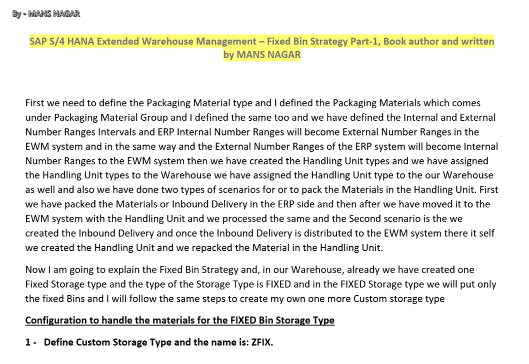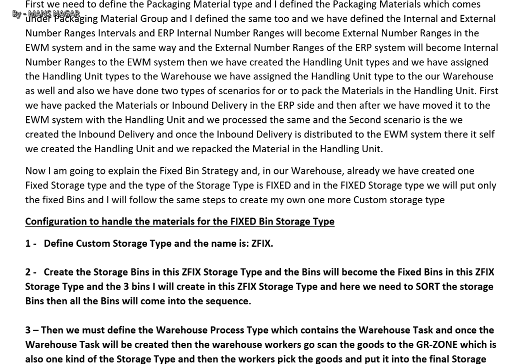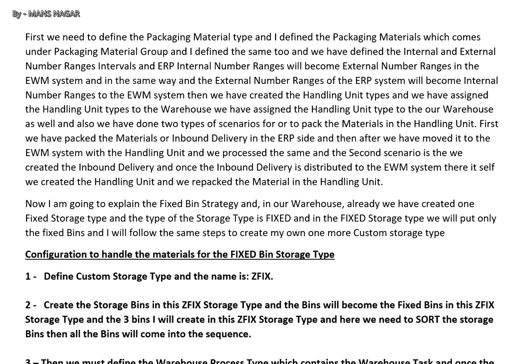And the second scenario, what we did actually, we created the inbound delivery on the EWM side, and once the inbound delivery is distributed in the EWM, it is processed through /n/SCWM/PRDI. When it processes inside the EWM layer system, then we create the handling unit and repack the material in the HU. Okay. So from here, now I'm going to explain the fixed bin strategy.